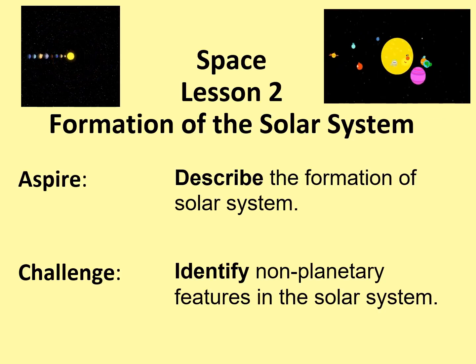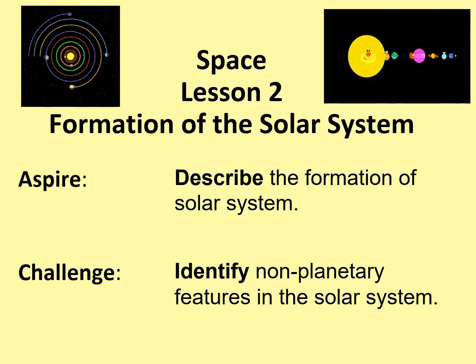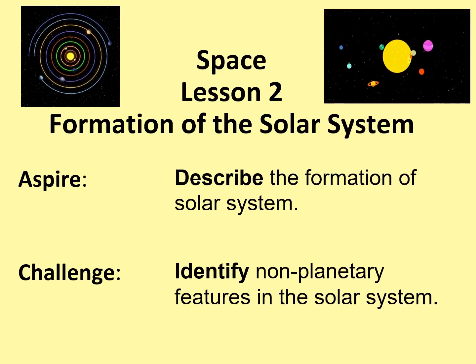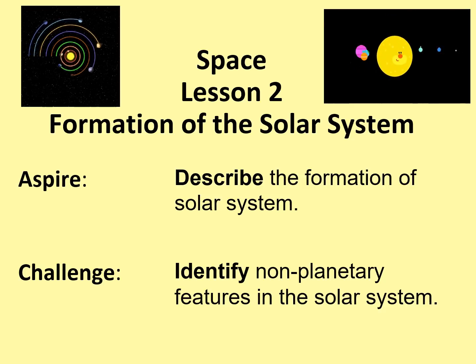So last lesson, we spoke about the planets. Now you might think, well, hold on, it's a bit of a strange way of doing it logically. Surely we should have spoken about the formation of the solar system and then spoken about what's in it. Yeah, I did think about that, but with the formation of the solar system, you've got some non-planetary features, which we're going to go through, that are actually remnants of the original formation of the solar system.